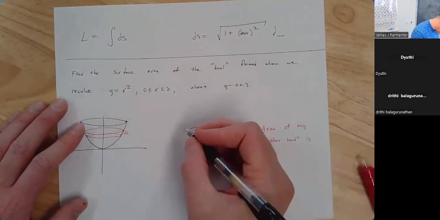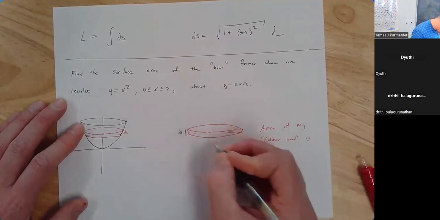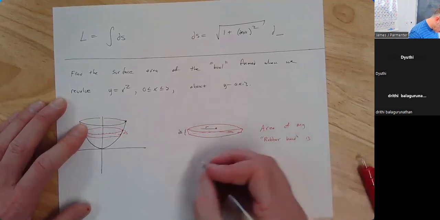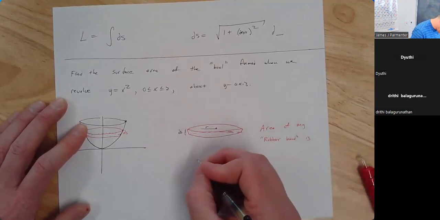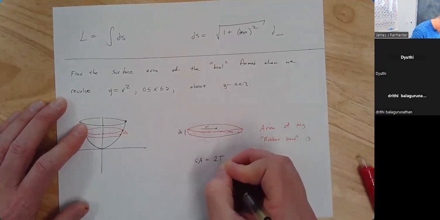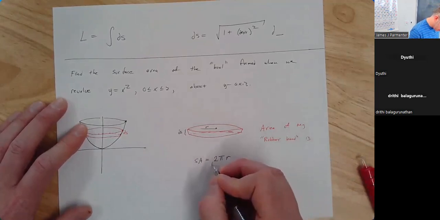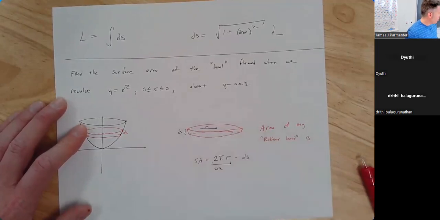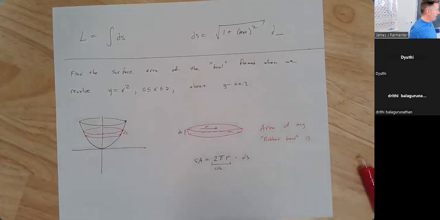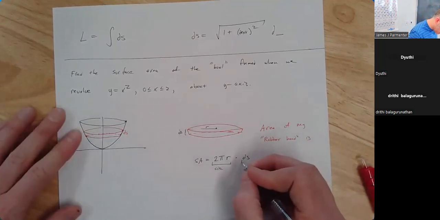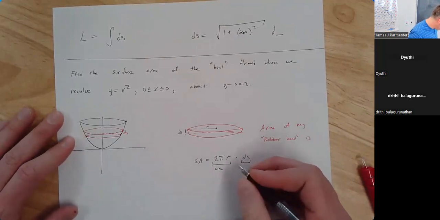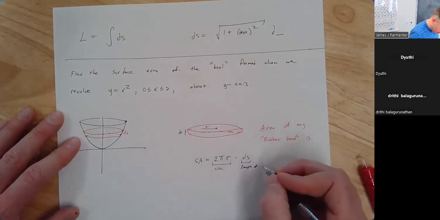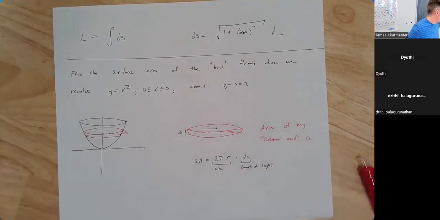So if we call this ds and this your radius, then surface area is going to be 2 pi times my radius, there's my circumference, times my length of that part there, or the height, if you prefer. Height, width, whatever you want to say of the word there. Length, sure, we can say that.